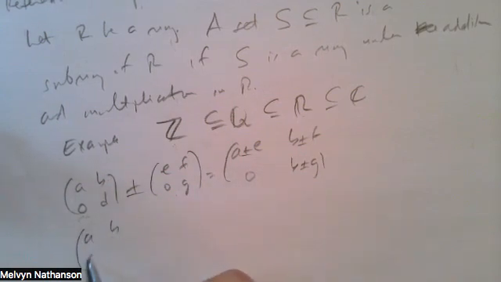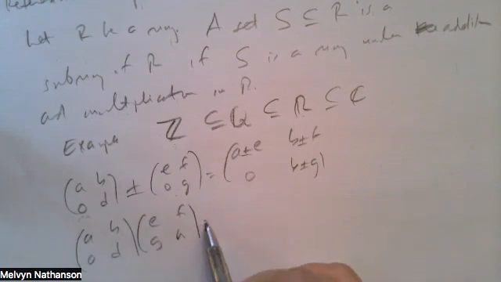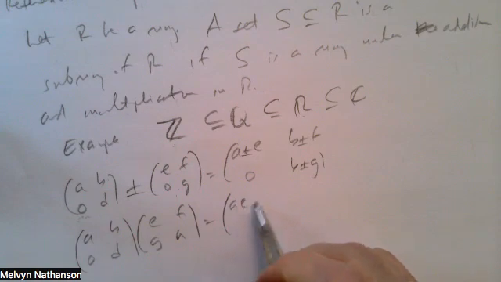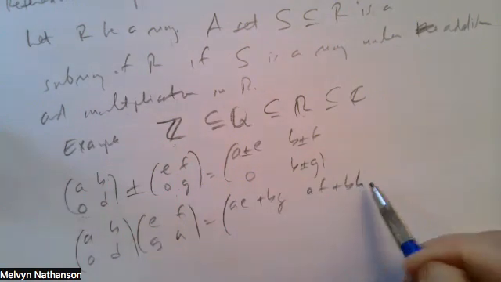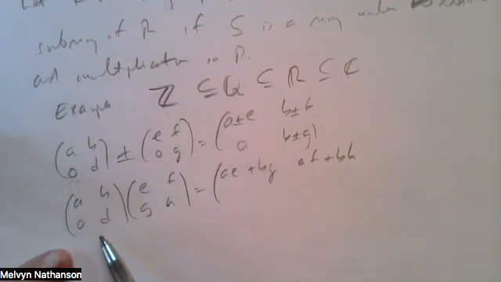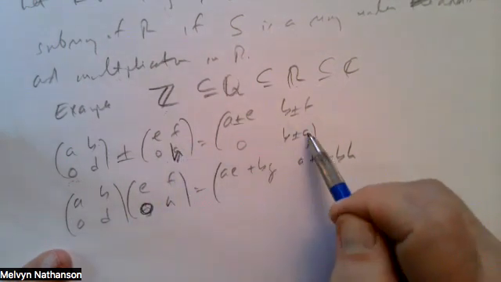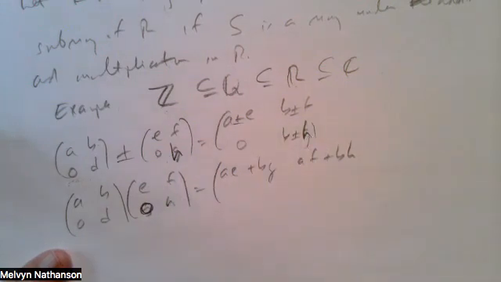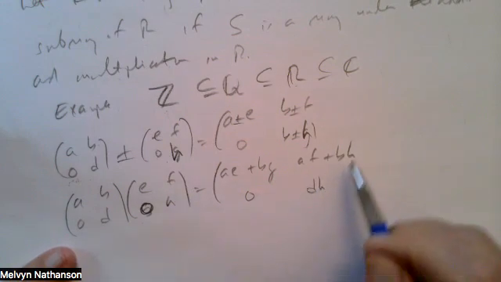And see what happens if I multiply them. I get AE plus BG, AF plus BH, 0E. Oh, sorry, this is 0 here, right? 0, 0 there, and DH here.